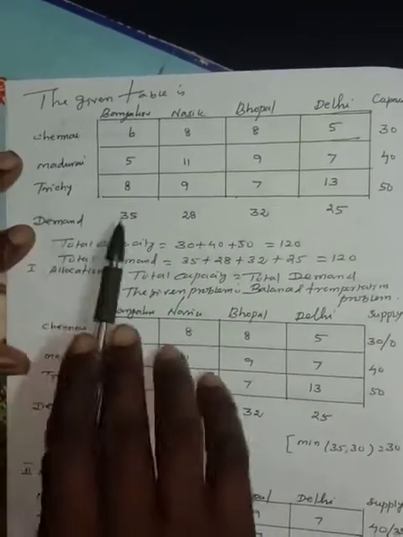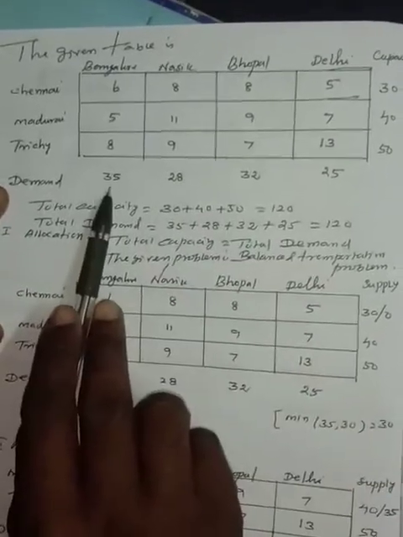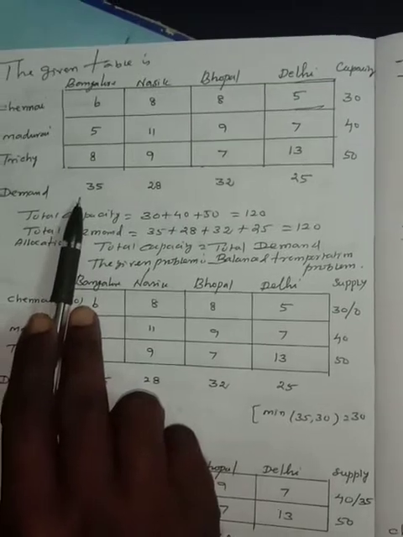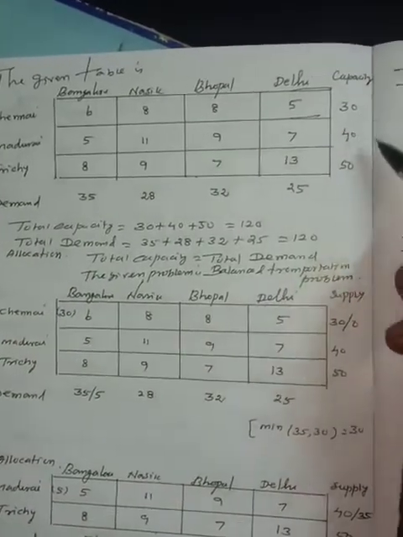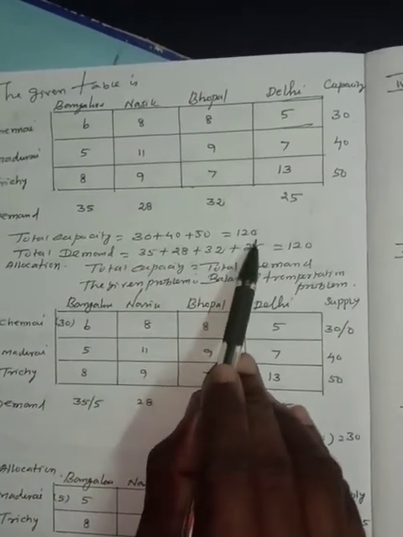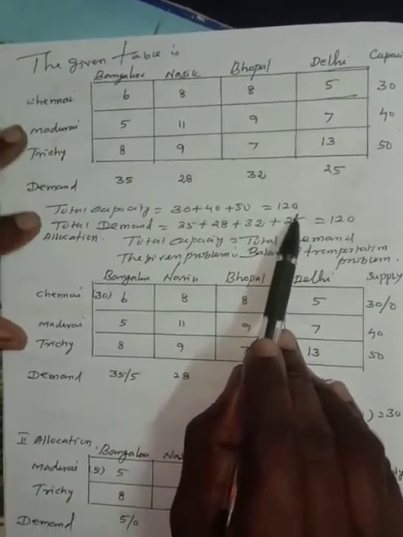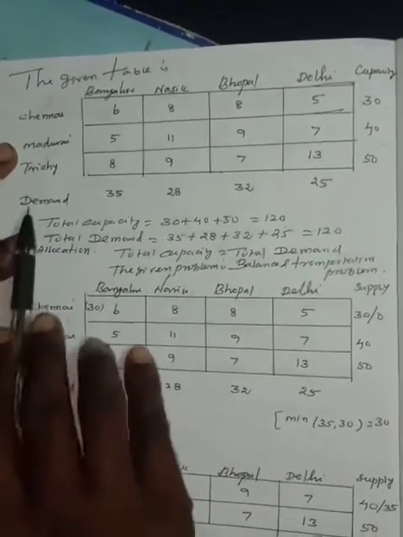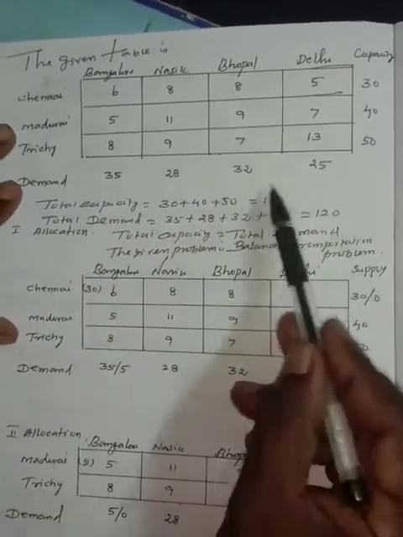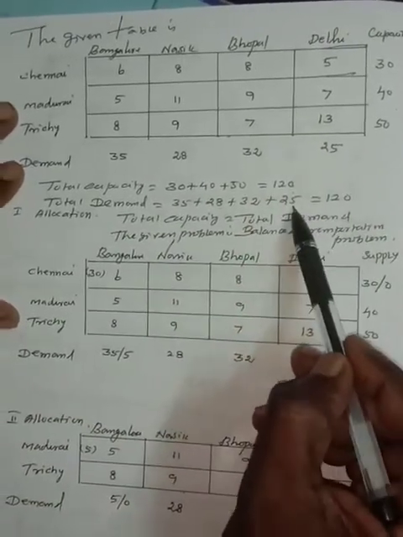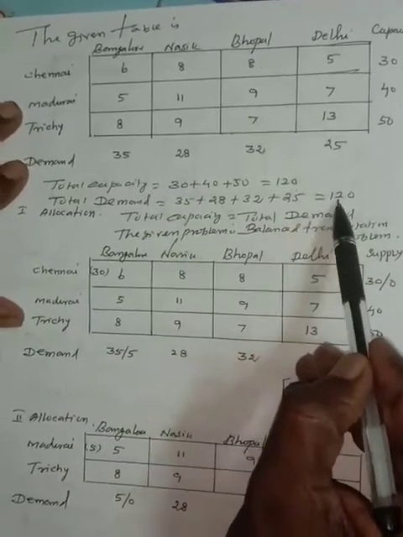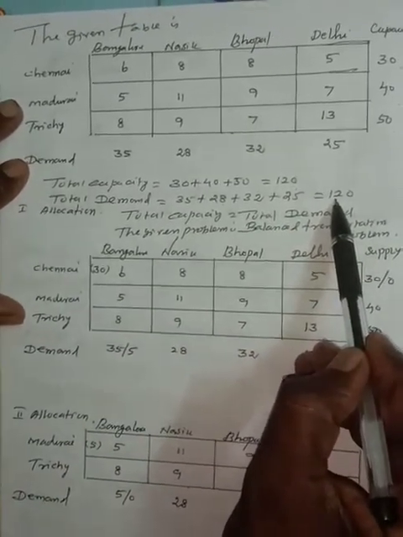Total capacity, adding the capacities 30, 40, 50. 30 plus 40 plus 50 is equal to 120. Next, adding the demands 35, 28, 32, 25, adding all four, we get 120.